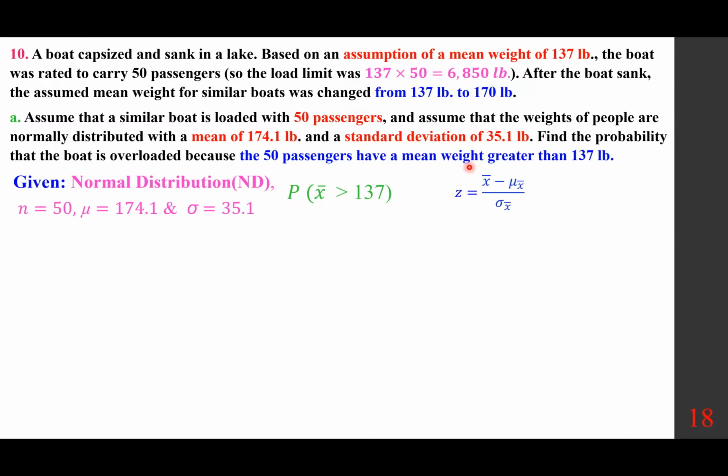So we're going to replace this with 137. Mu of X bar is the same as mu, so 174.1. Sigma of X bar is sigma over square root of n, so 35.1 over the square root of 50.